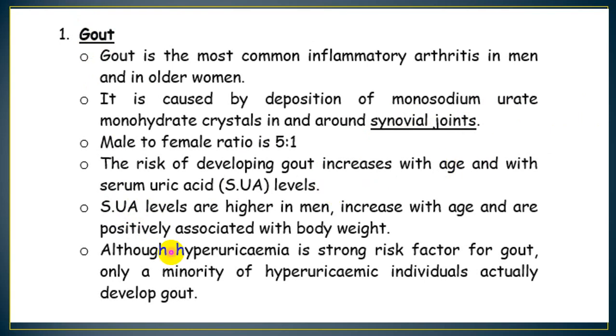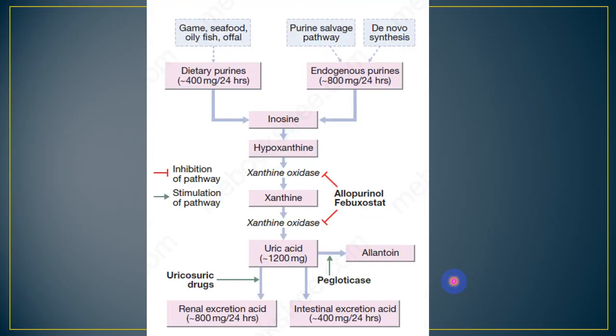But most importantly, although hyperuricemia is a strong factor for development of gout, only a minority of hyperuricemic individuals will develop gout. So not every patient presenting with hyperuricemia or high uric acid level needs treatment with a uric acid lowering agent. This is very important to note.